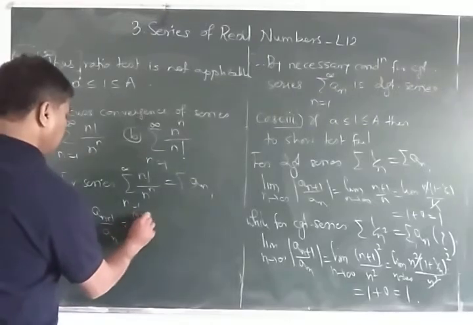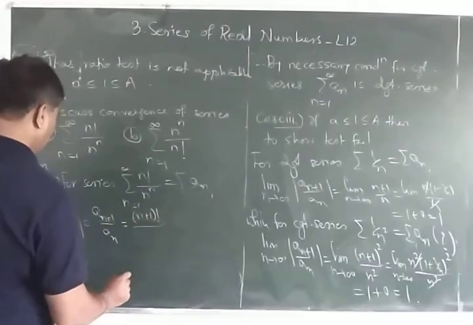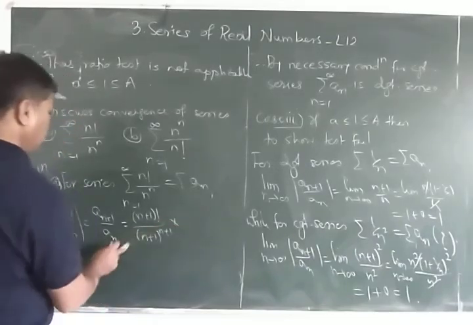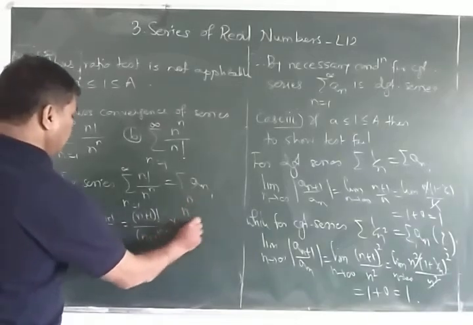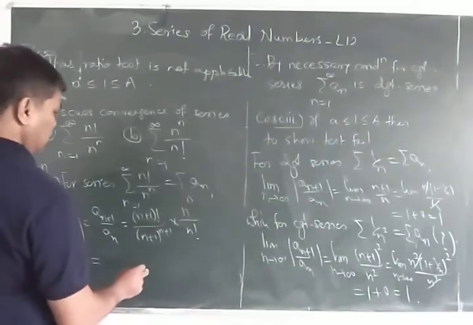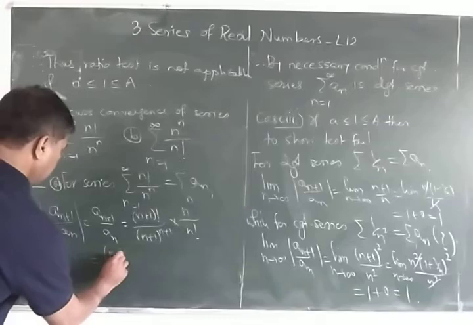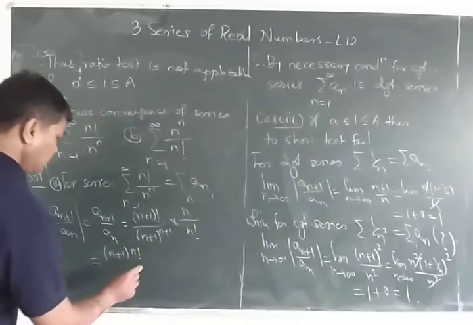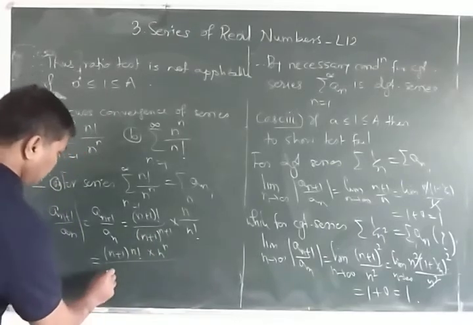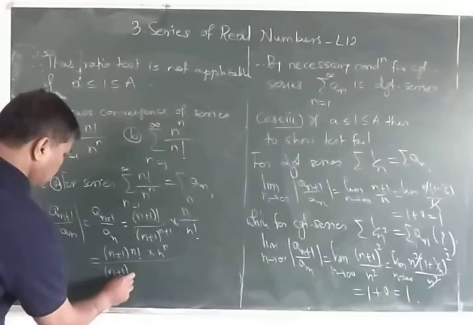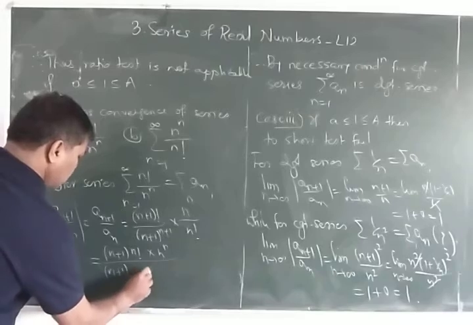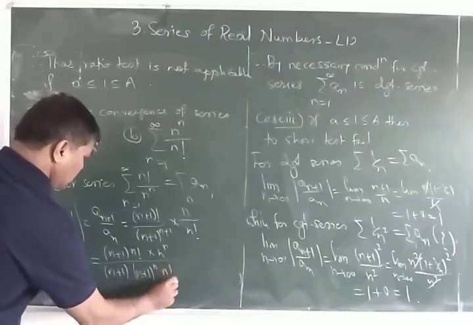So we get n plus 1 factorial upon n plus 1 raised to n plus 1, into the reciprocal of n raised to n upon n factorial, which is equal to n plus 1 into n factorial into n raised to n upon n plus 1 into n plus 1 raised to n into n factorial.